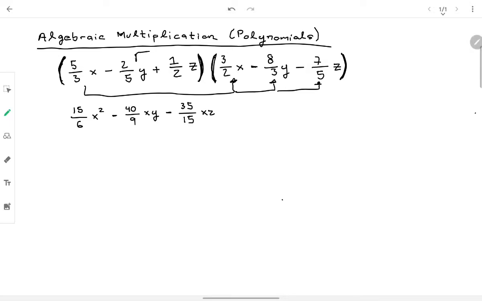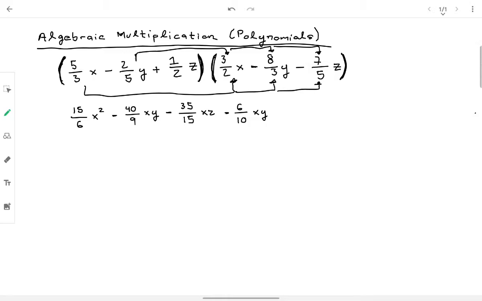Then we can do the same with the second term. So it will be this term multiplied by the first one, then by the second one, and finally by the third one. So let's see. The first one is going to be minus 6 over 10 xy. Remember to put it in order because we can put it like yx, but we need to use alphabetical order.